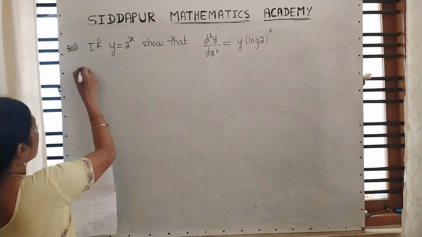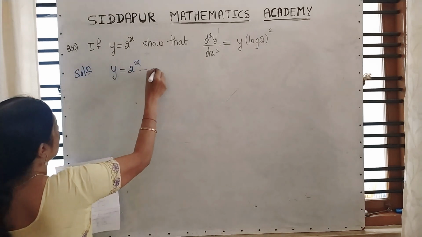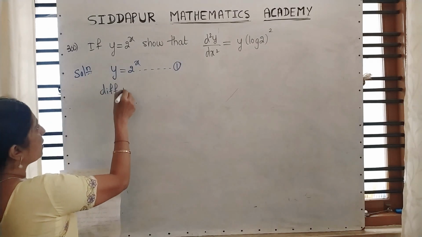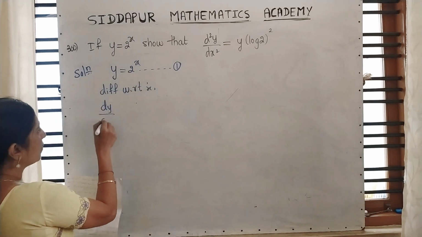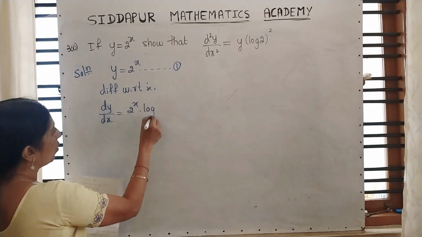So in the solution I will call it as equation 1. y is equal to 2 raised to x. Equation 1. Differentiating with respect to x, dy upon dx is 2 raised to x into log 2. Correct.